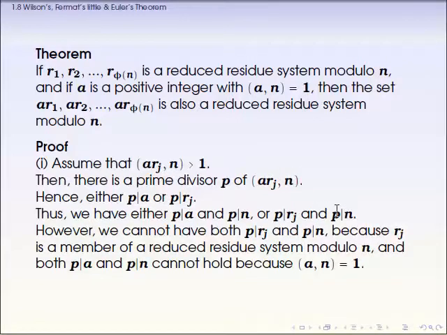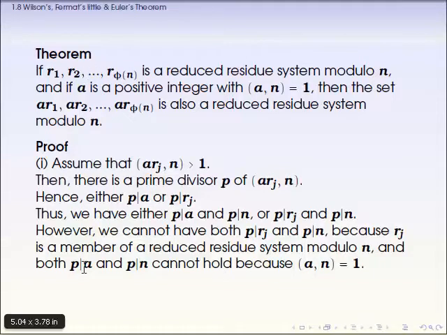But it cannot be the second case, because rj is a member of this reduced residue system, so p cannot be a divisor of that.